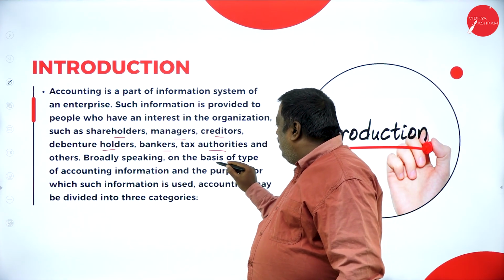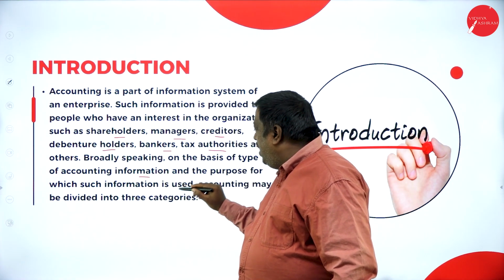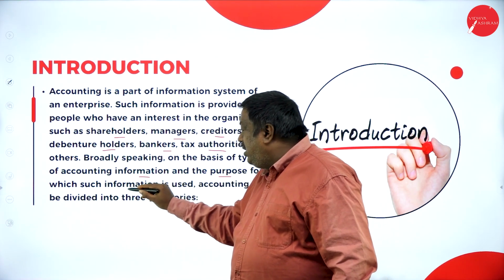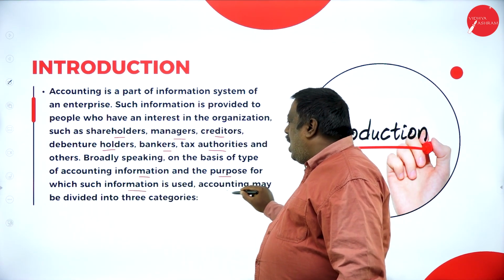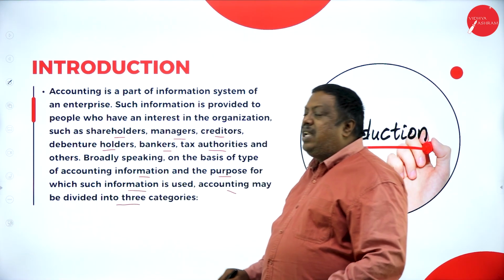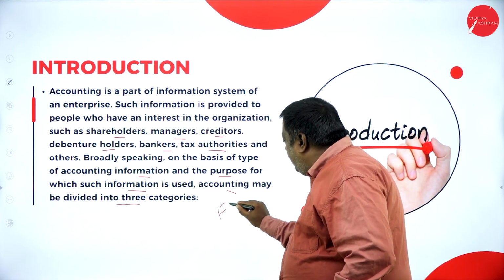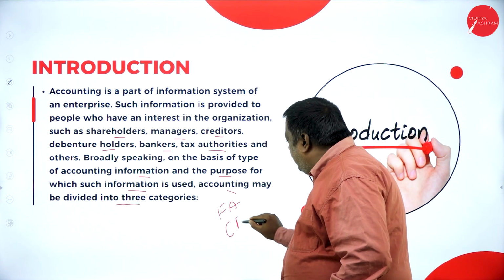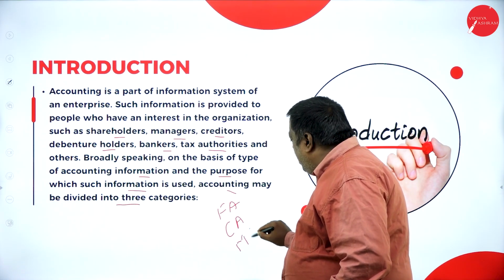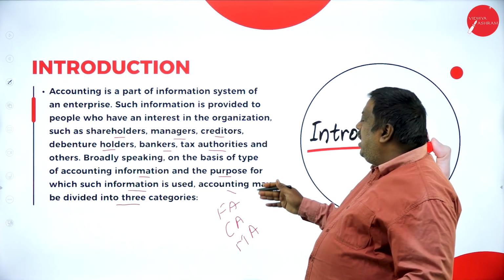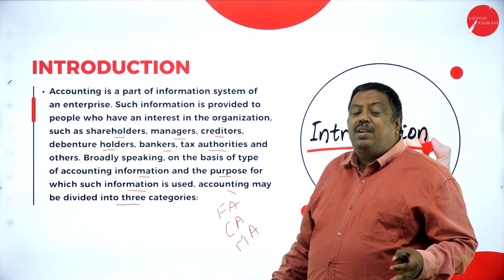Broadly speaking, on the basis of the type of accounting information and the purpose for which such information is used, accounting may be divided into three categories. That is, the first one will be financial accounting, the second one will be cost accounting, and the third one will be management accounting. So three categories. Based on that, the requirement will be made here.